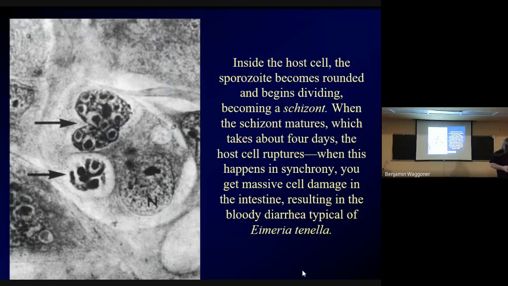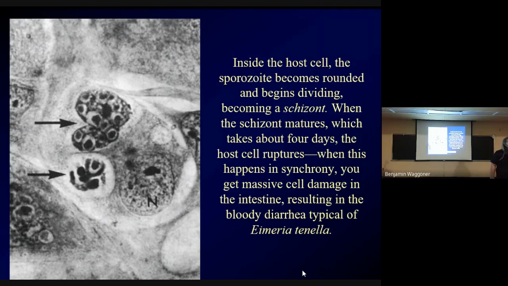Inside the host cell, the sporozoite rounds up and the nucleus divides repeatedly, and you end up with a multinucleate mass called a schizont. And then the schizont begins dividing its cytoplasm into separate cells. And after about 4 days, the host cell ruptures, and the little swarmer cells, the merozoites, burst out and start spreading. And the problem with Eimeria tenella, the chicken disease, is that this tends to happen in sync.